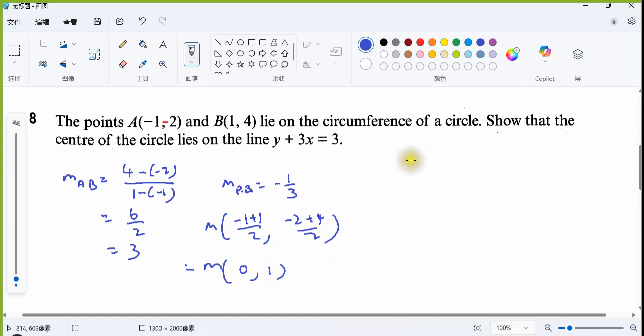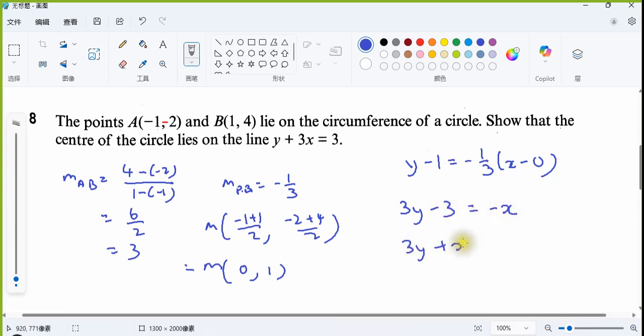So we have y minus 1 equal to negative 1 over 3 times x minus 0. Then we have 3y minus 3 equal to negative x.